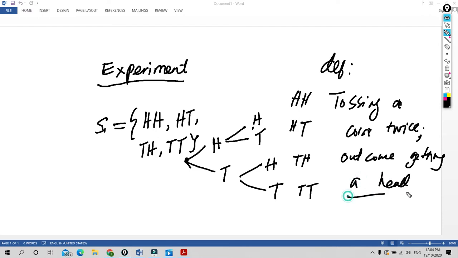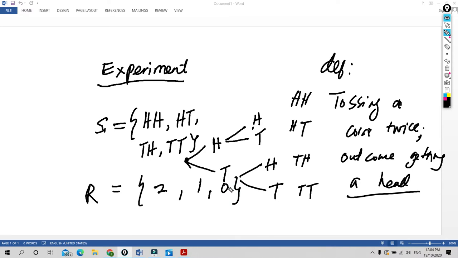So this is my definition. So now you can either get two heads here. So your range here is you can either get two heads, you can get one head, or no head, only tails.